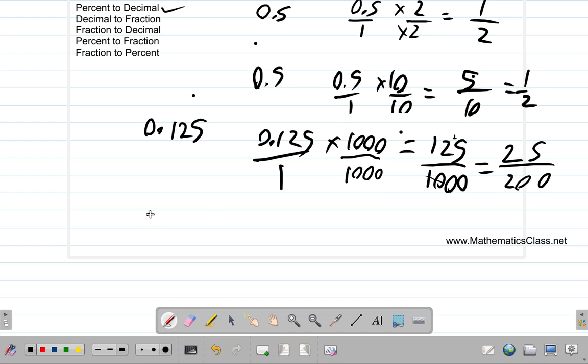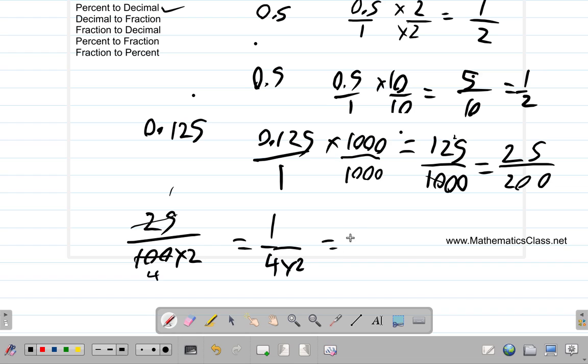Or you can say 25 over 100 by 2, because 100 by 2 is 200. 25 into 100 is 4. So 1 over 4 by 2. That means 1 over 8. 1/8. So you see that? So this is a conversion from decimal to fraction.